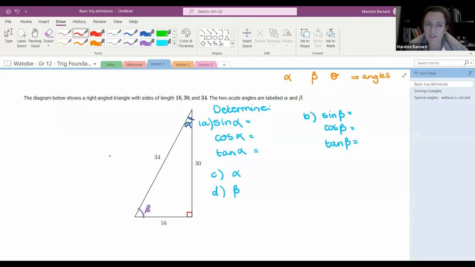Okay, Munash is in first with 16/34 for sine alpha. Yep, 16/34. Okay, so I assume everyone's doing sine. That's right.